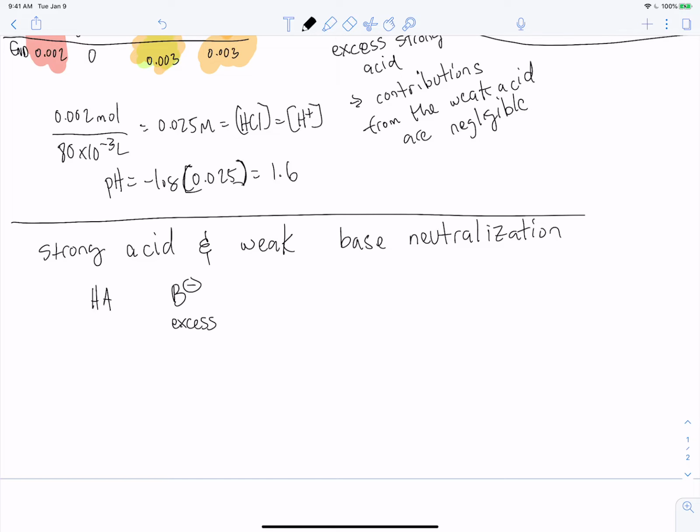For excess strong acid, we just take the pH is equal to the negative log of whatever the final HX concentration is. I'm going to get rid of these little dashes since they look like negative signs. But these 3 scenarios, and we ignore contributions.